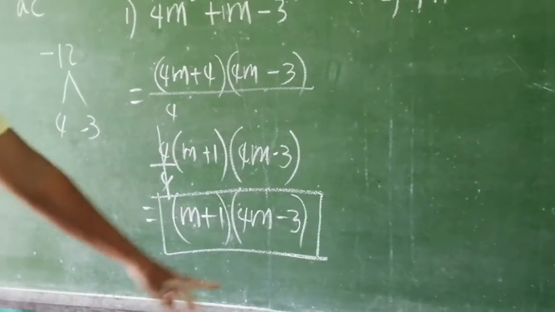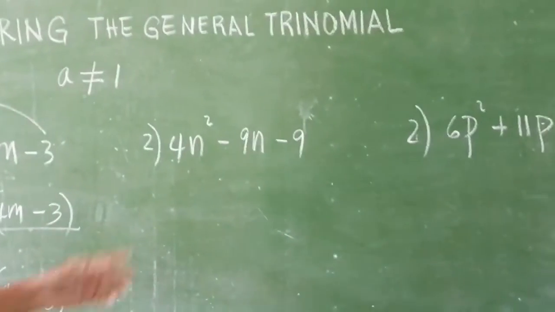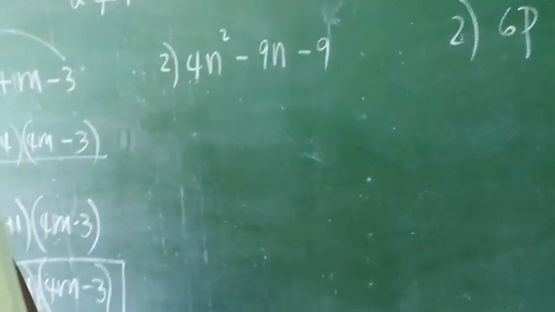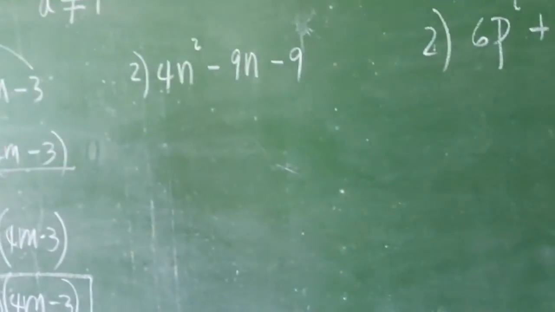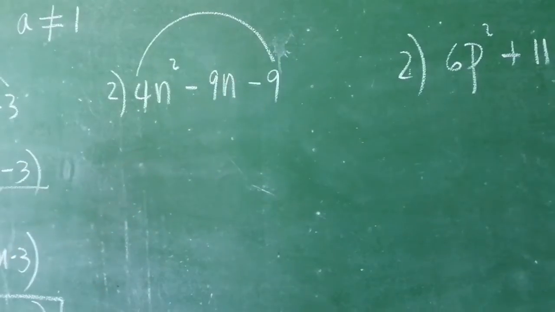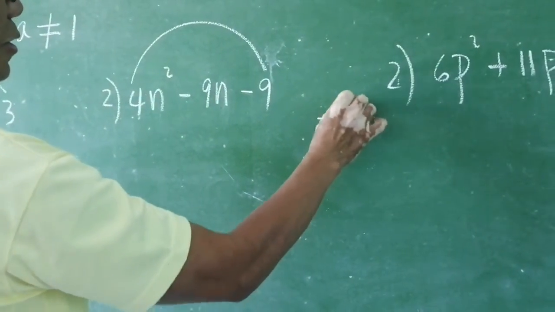So we'll repeat for the next number. I mean to say this number 2, 4n squared minus 9n minus 9. So you multiply again your AC. 4 times negative 9 is negative 36.